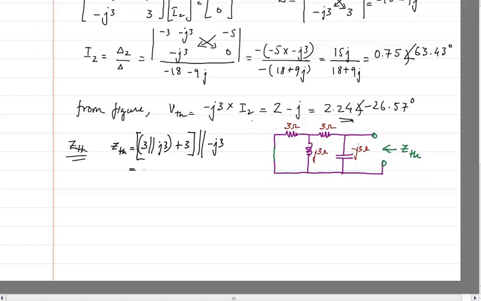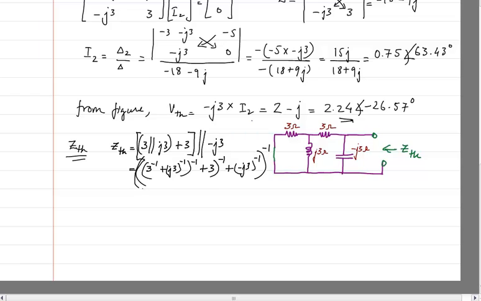And this we can easily find out using a calculator. How do we do that? First 3 and J3, so I will write 3 inverse plus J3 inverse, the whole inverse, plus 3, the whole inverse, plus minus J3 inverse, the whole inverse.